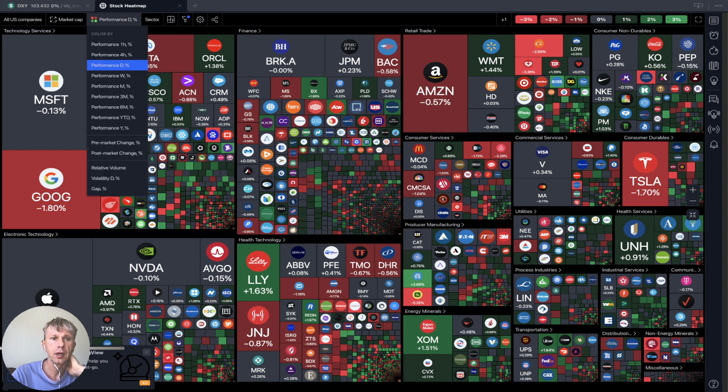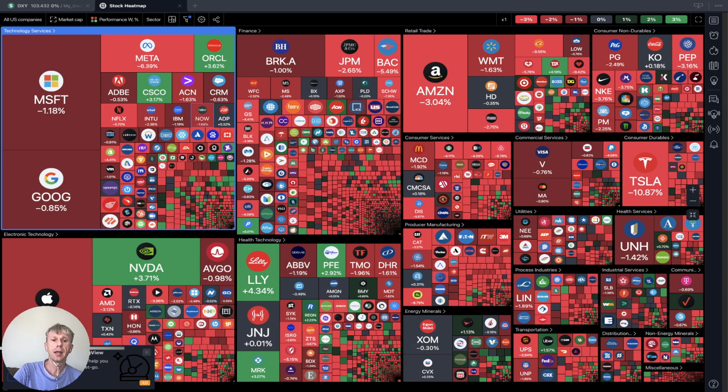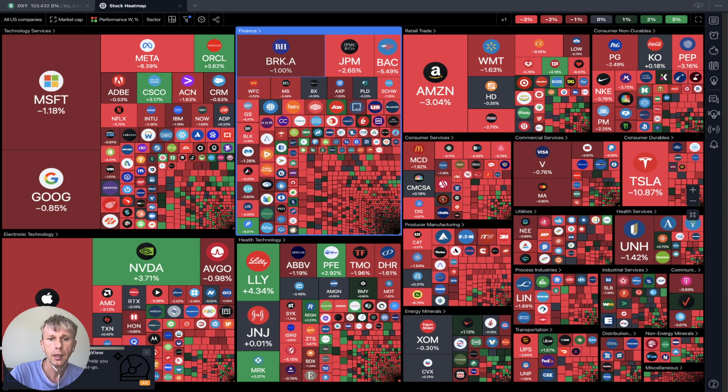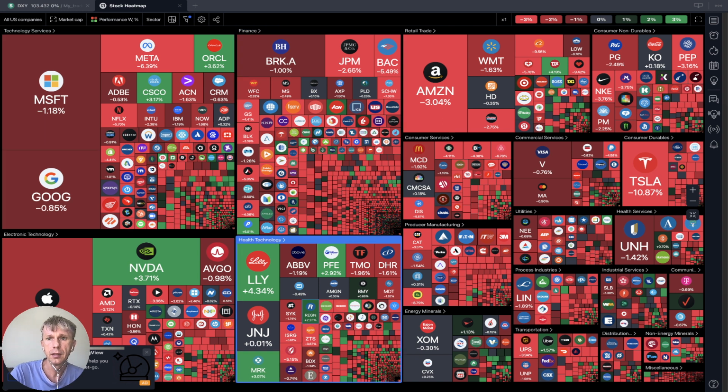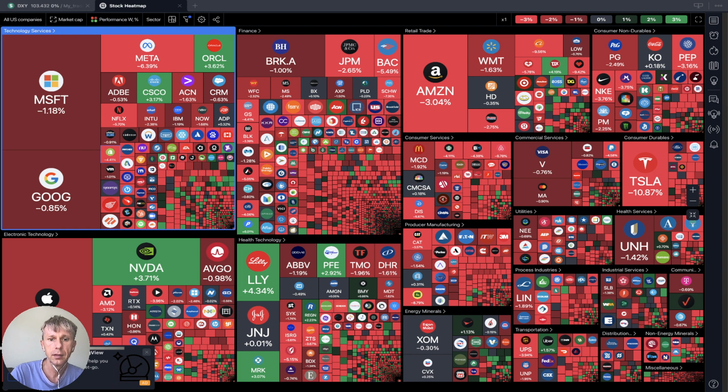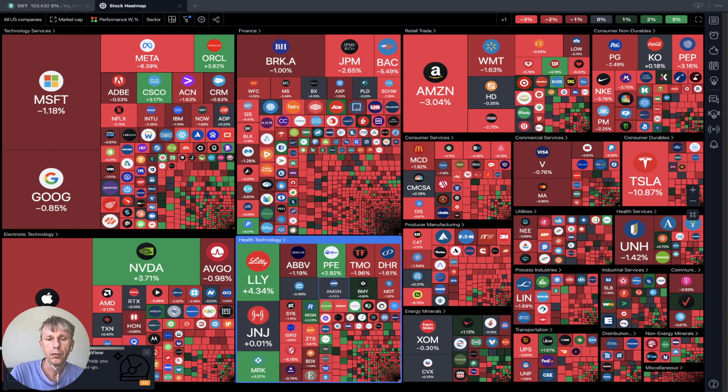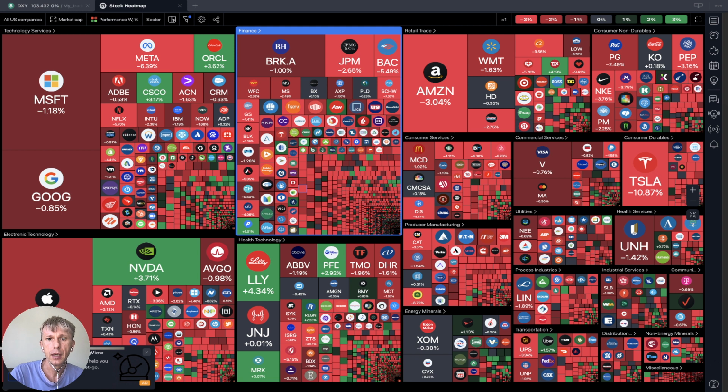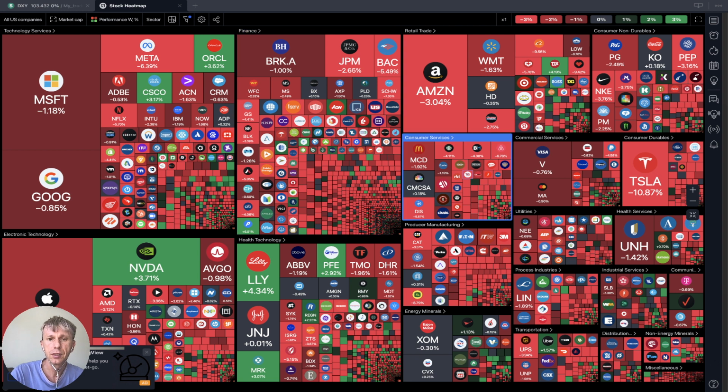Let's now check weekly. Weekly, it is a lot of red. Still Nvidia green, Cisco, Oracle. Not many greens, right? Generally, technology red. Finance red, a lot of red, consumer services red, a lot of production manufacturing red, all sectors red, right?